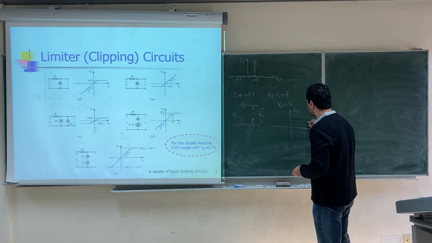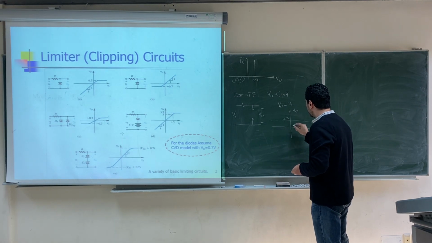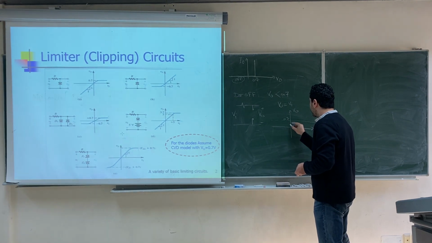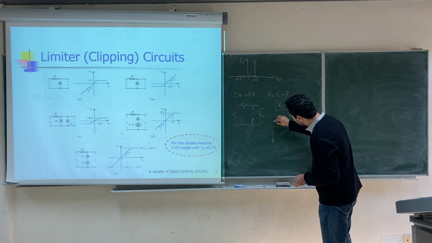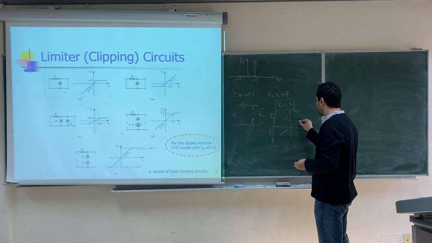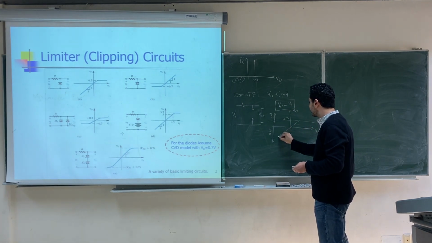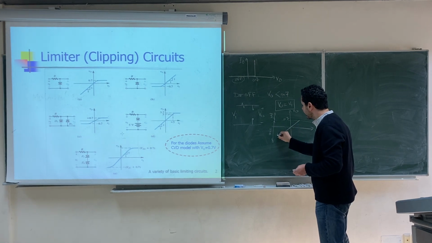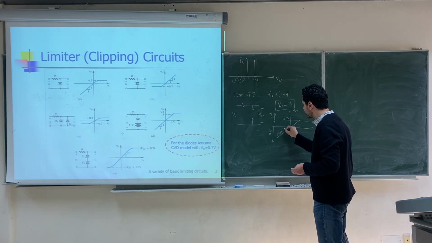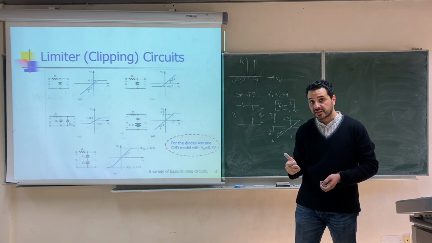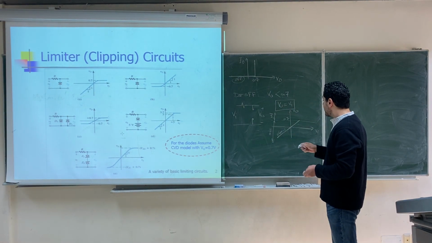When V output is less than 0.7, the relation will be V output equals V input, which is a straight line. So here the diode is off, and above this point it will be on, right? So here, when the diode is off, the relation between V output and V input will be a straight line with the slope 1. It's important to write the slope because in some other circuits we'll see that the slope will not be 1. Okay?